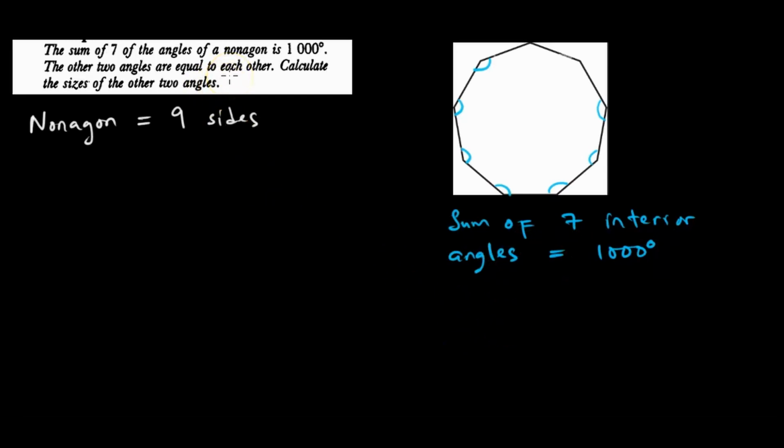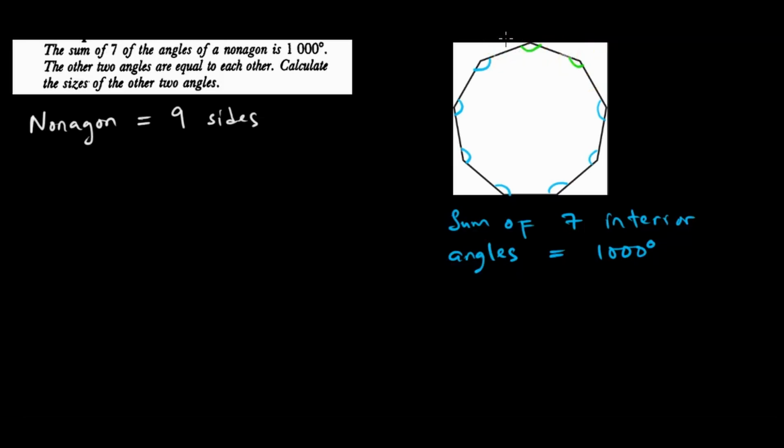The question goes on to say the other two angles are equal to each other. So this angle is the same as that angle. Then the actual question is to calculate the sizes of these two angles.